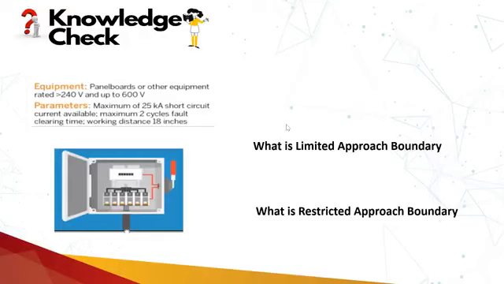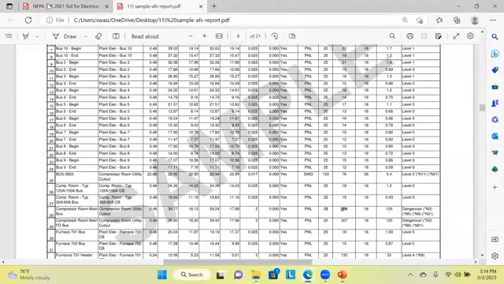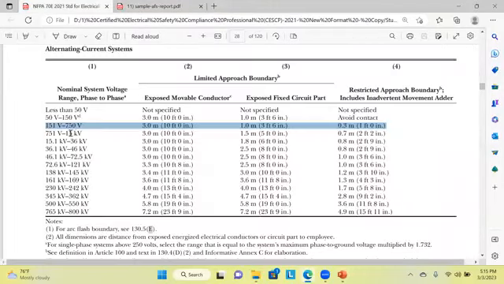In this particular case, this information is not relevant when calculating the limited approach boundary and the restricted approach boundary. We have to deal with the voltage, and they have given us the voltage range, 240 to 600 volts. So if we look at 240 to 600 volts, that falls under this range, and the bus bar is fixed. So the limited approach boundary will be 3 feet 6 inches, and the restricted approach boundary will be 1 foot.